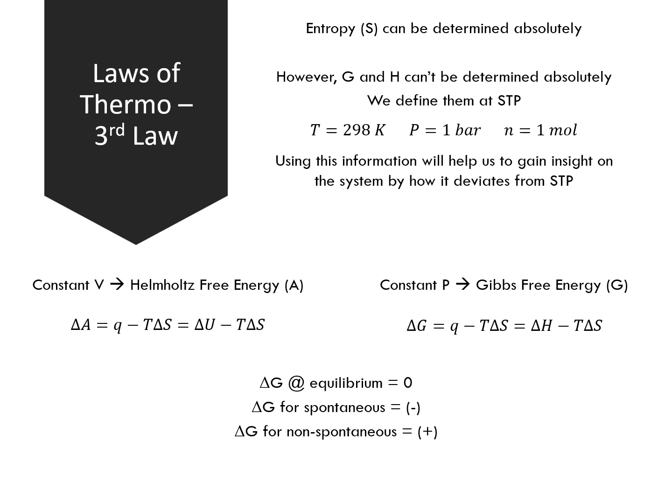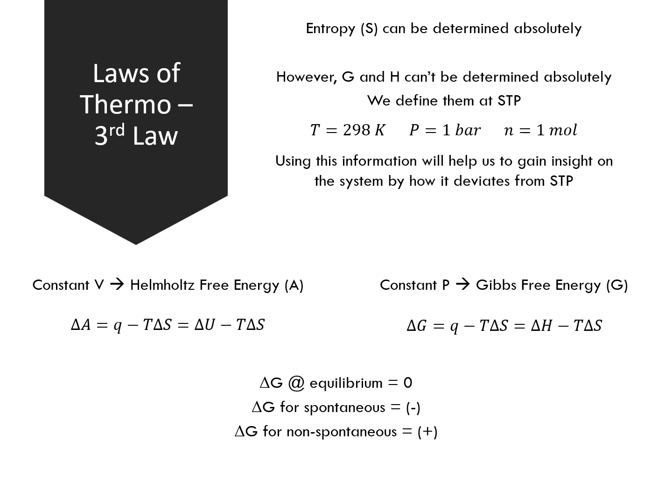That's why we have to define them at STP, or standard temperature and pressure. So remember that at STP, temperature is equal to 298 Kelvin, pressure is equal to 1 bar, and our number of moles is going to default to 1 mole.